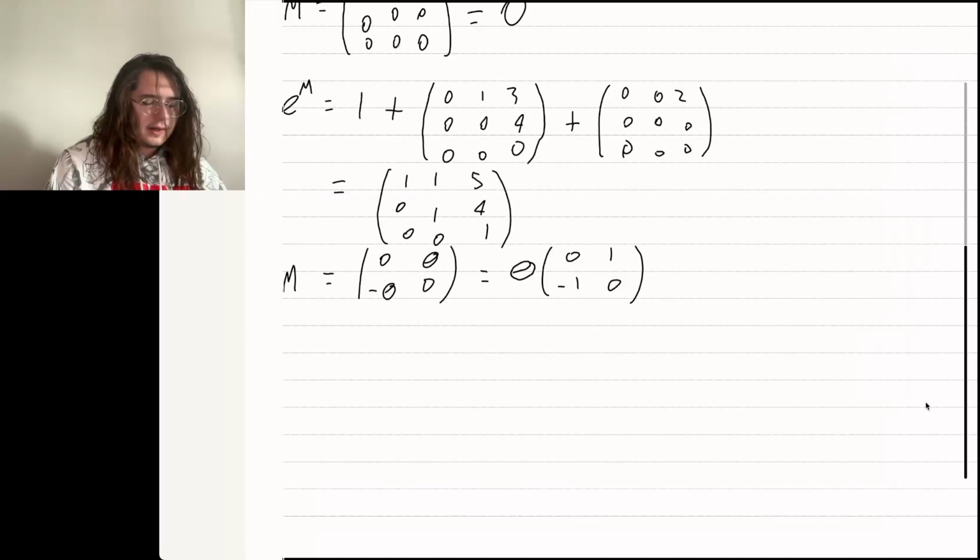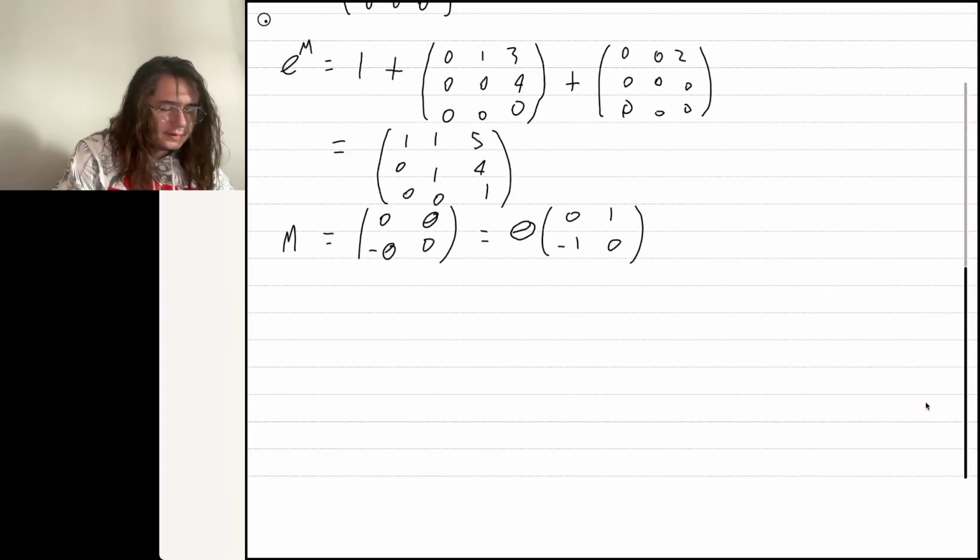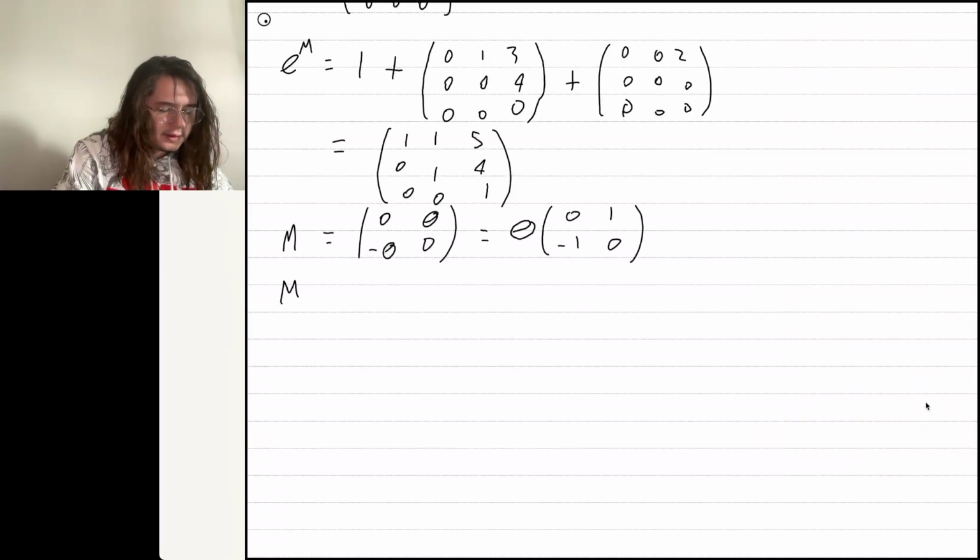But yeah, if you square this, then you're going to get theta squared times 0, minus 1, 1, 0 times itself.